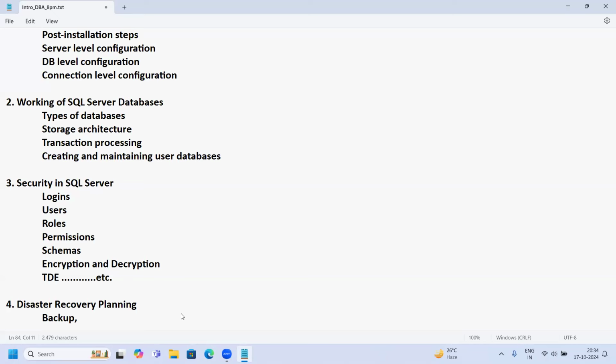Backup itself has around 7 to 8 types of backups.